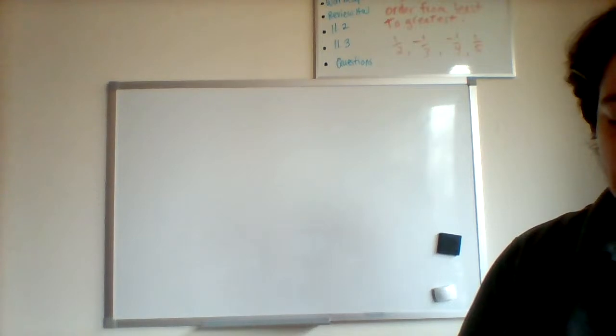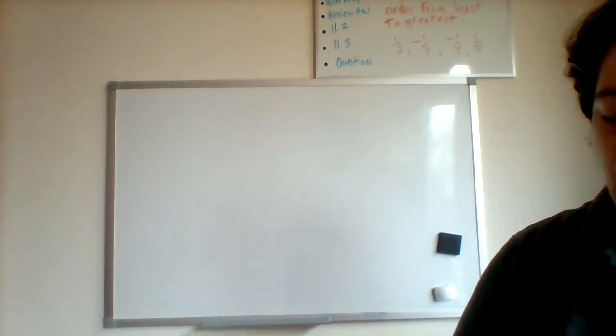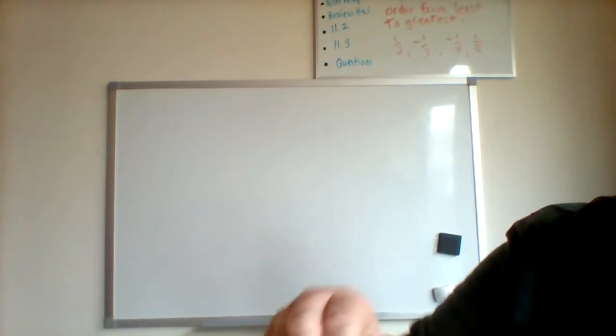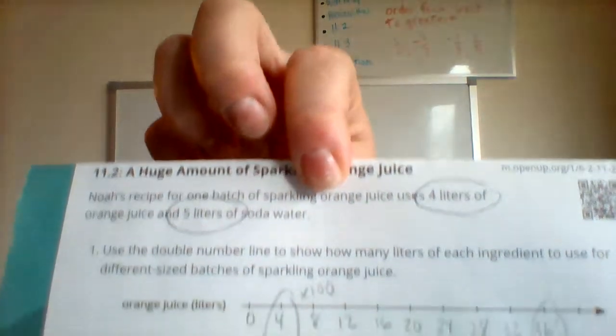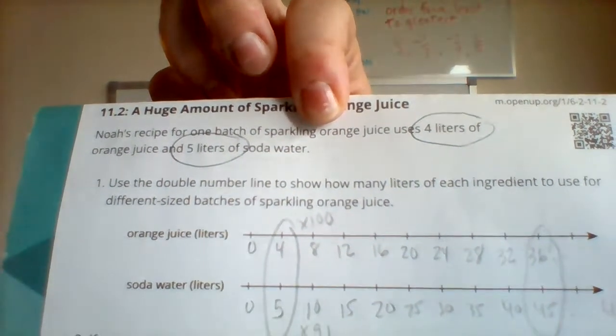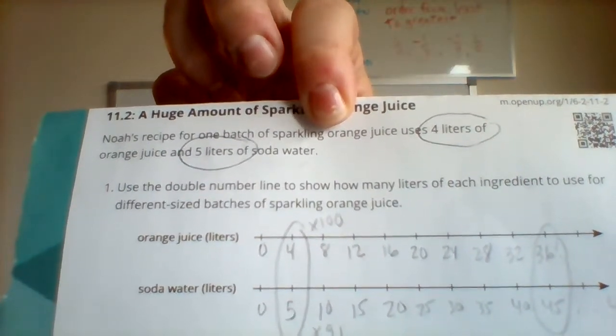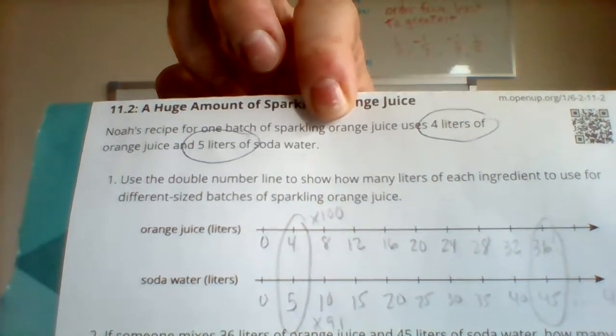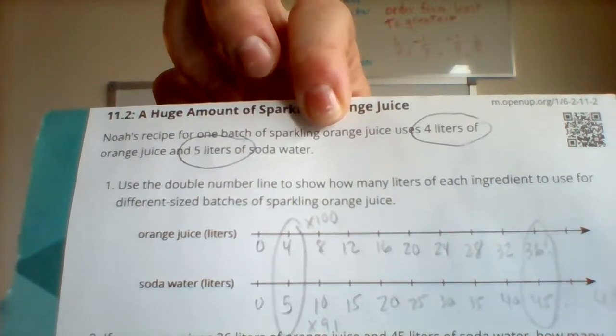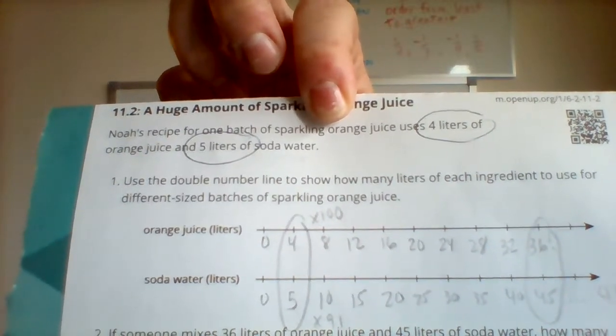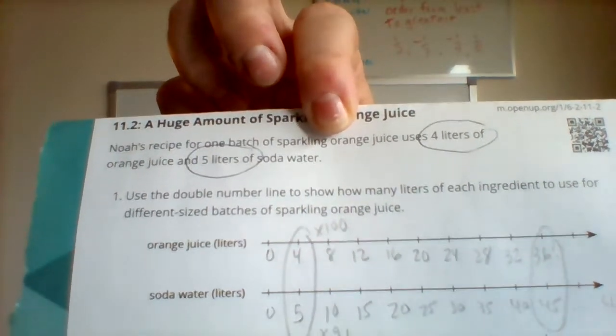So for example number 2, how many batches is the 36 to 45? Now, I don't want to show you the answer. I want you guys to tell me. Hopefully, you're still with me. How many batches is that? For the 36 to 45, how many batches was that?